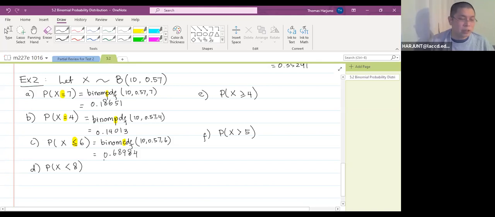Now, the probability that the number of successes is less than 8 means I need to do an adjustment first, meaning only up to 7.